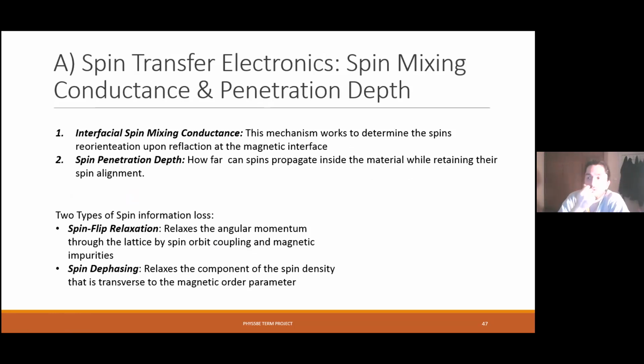In spintronic devices, to protect against spin information loss, we first need to know what kind of losses we have. So we have spin flip relaxation, which relaxes the angular momentum through the lattice by spin orbit coupling and magnetic impurities. And spin dephasing relaxes the component of the spin density that is transverse to the magnetic order parameter.